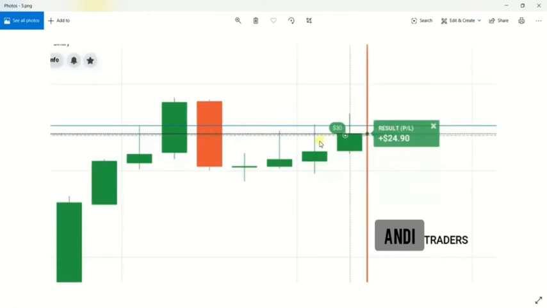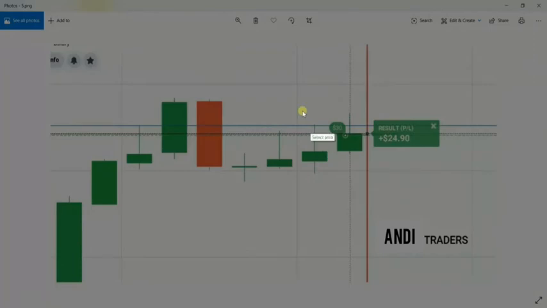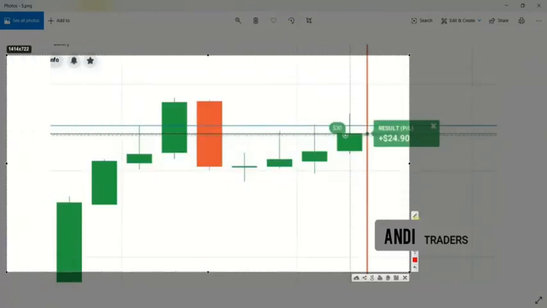You can consider the wicks at the level. You can see here the wick. The wick shows us the sellers are here.